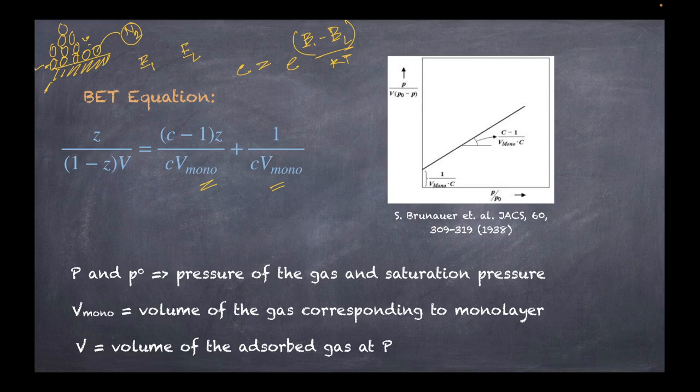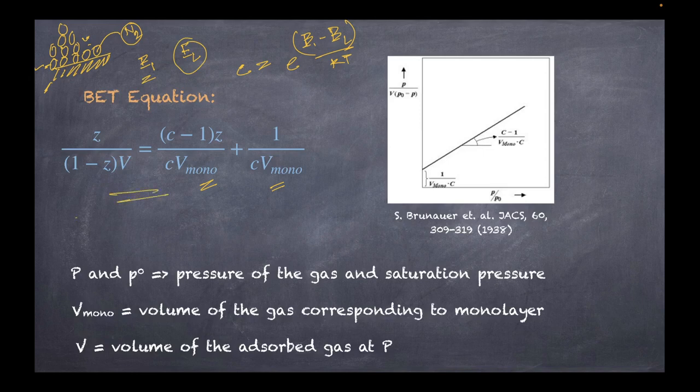So all the interactions between the layers apart from the first layer, that means second, third, fourth, fifth, we assume are equal to the heat of liquefaction or vaporization, and the heat of adsorption E1 is different from EL. So C is a constant, and this is the BET equation.